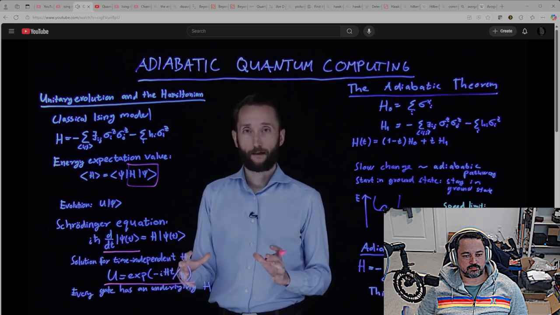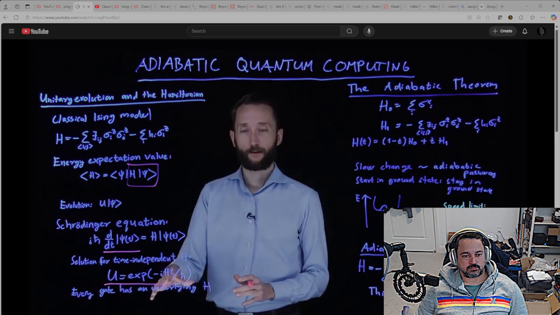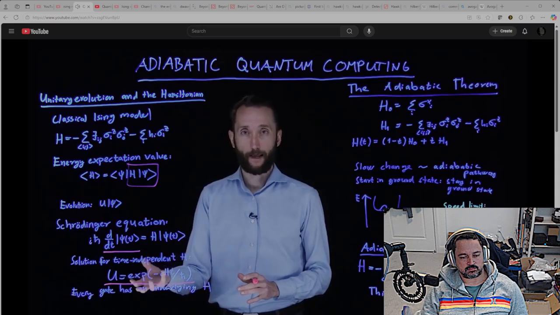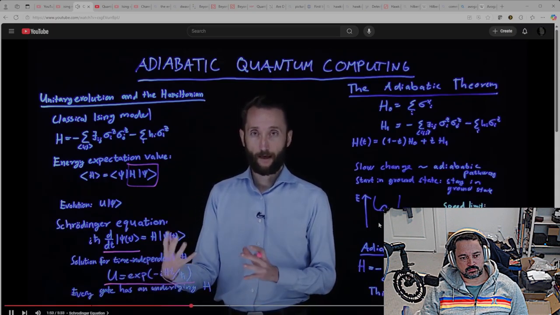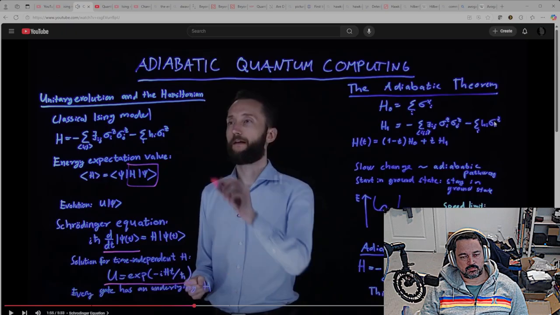So basically every unitary operation has an underlying Hamiltonian, and every gate in a gate model quantum computer has an underlying Hamiltonian. So it's time independent. If it was time dependent, it would not be this simple. So you want to push it into the regime where it is time independent.